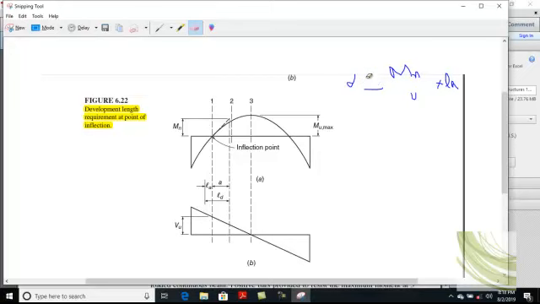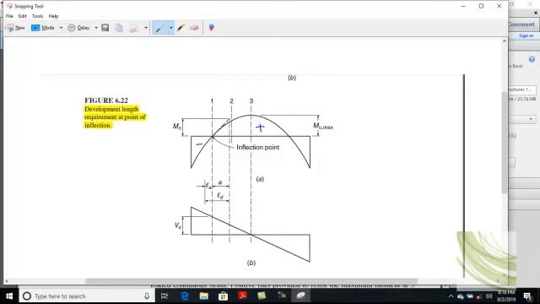So this formula should be checked only for positive moment. Clear? Now this is a kind of explanation of this topic. You see that this is a continuous beam, a portion is taken, and this is negative moment and this is positive moment. Clear?